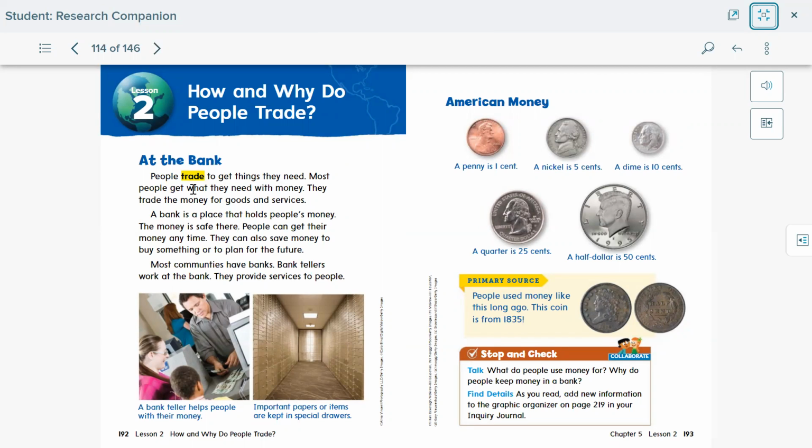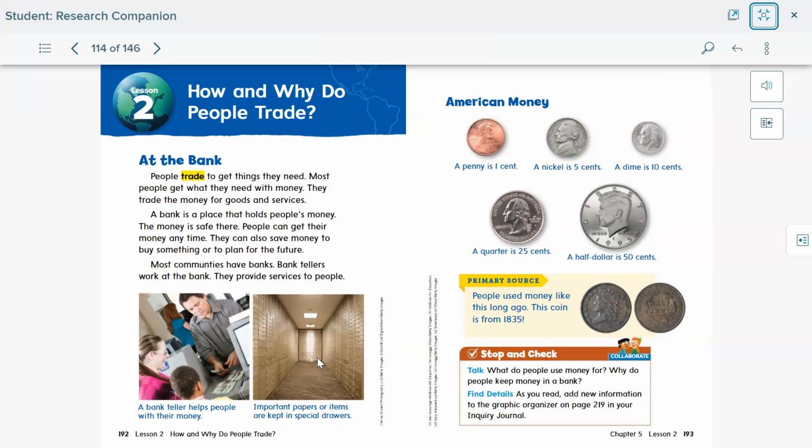People can get their money anytime. They can also save money to buy something or to plan for the future. Most communities have banks. Bank tellers work at the bank. They provide service to people. So the teller in a bank, this is the person you go to when you get your check or get your money or pay bills. So they provide service to you.